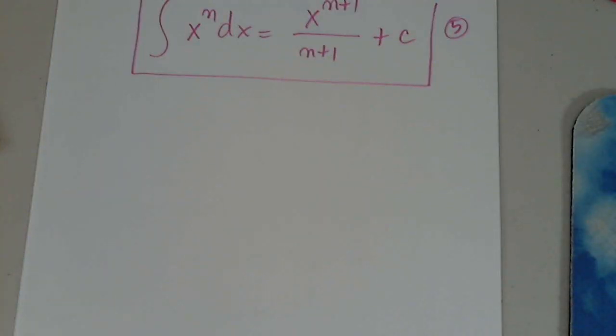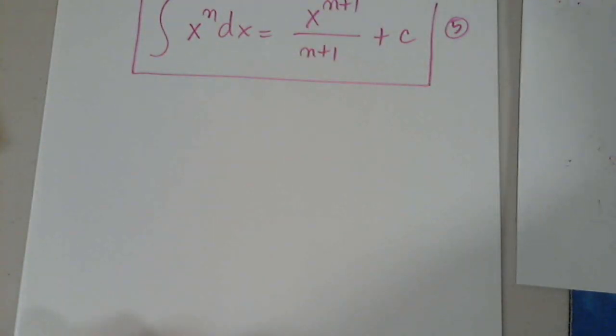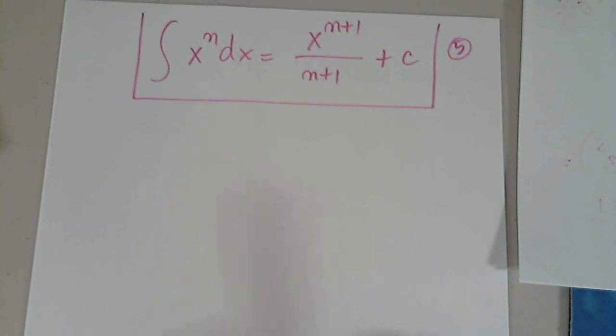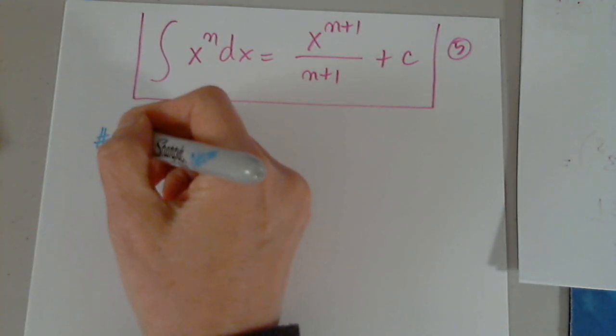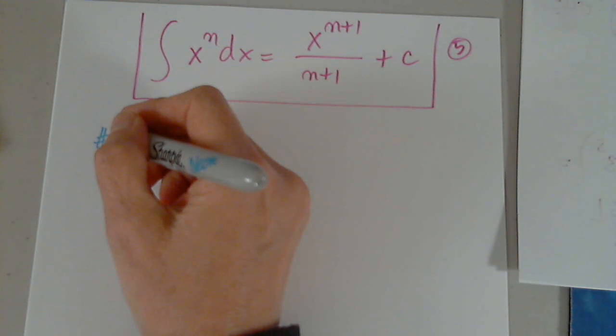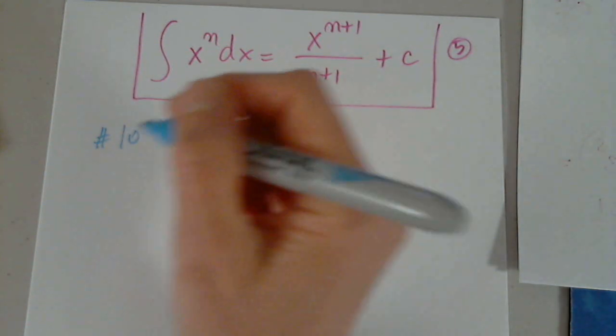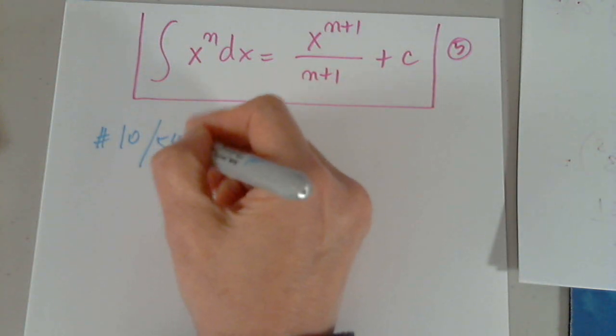Finding fxx and fyy. So would you like to choose a function so we can work on that? Number 10 from 547?